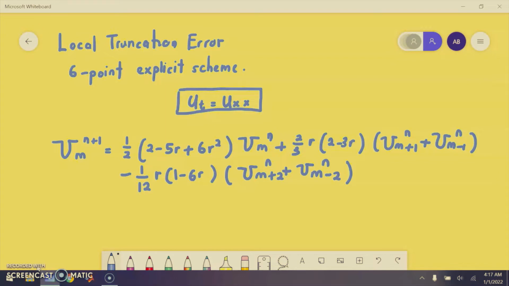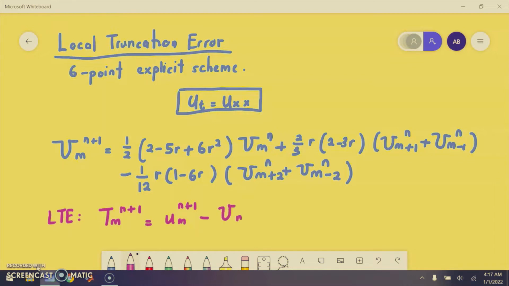Now you can see that what we want to show you in this video is the local truncation error. And the LTE, local truncation error, is given by T_m^{n+1} equals small u_m^{n+1} minus big U_m^{n+1}.